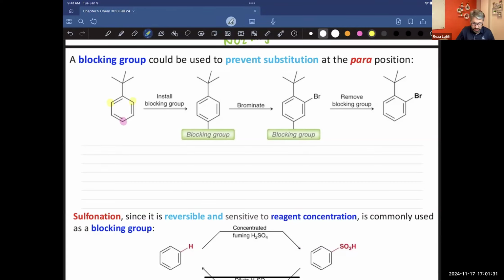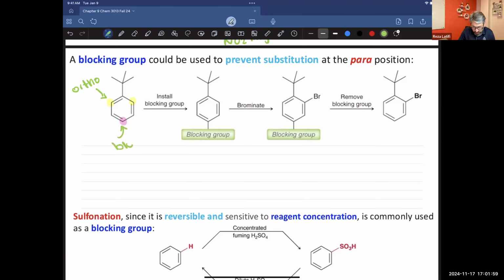So this is an alkyl group, and an alkyl group will favor both the ortho and the para position at the same time. So now, how do you force the electrophile to show up only on the ortho position? I want it to be here. So I want the bromide to be there. Let's say that's a substituent that we want to add. So whatever we are doing, we need to block this one.